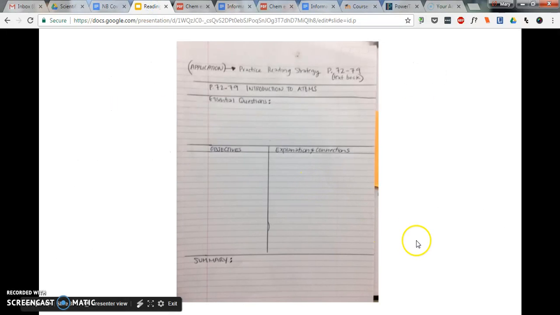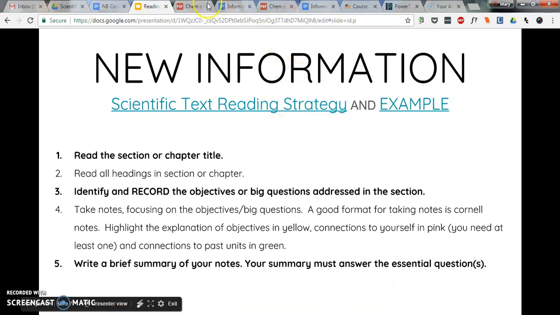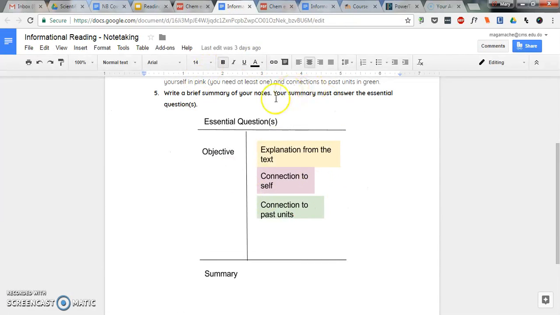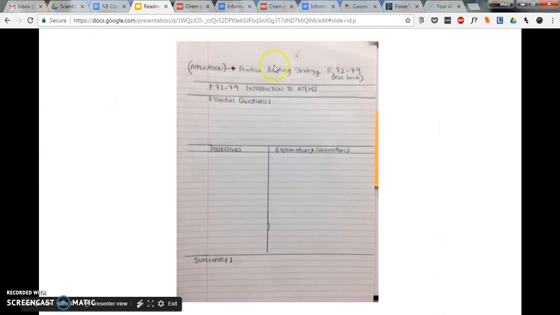Excellent. So on the right side of your notebook, you will put this graphic organizer that you just saw here. We are going to create the graphic organizer and get ready to practice the strategy. So please pause the video and set this up in your notebook on the right side.